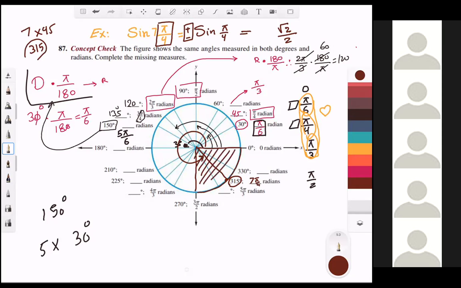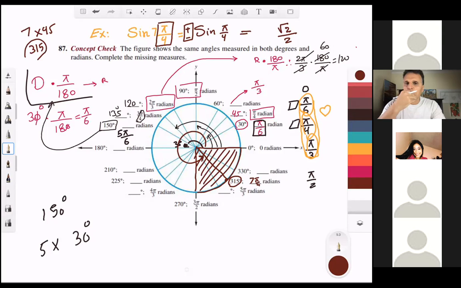On this quadrant, is that sign positive or negative? Positive. Almost, no, negative. So y is negative.